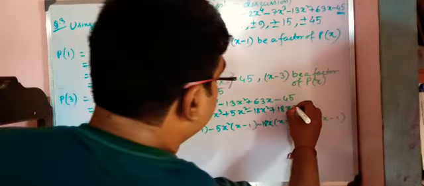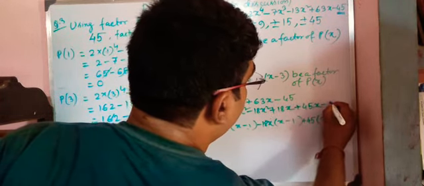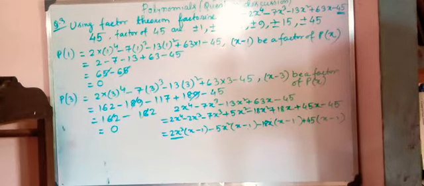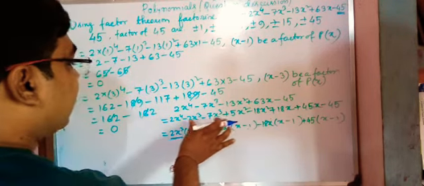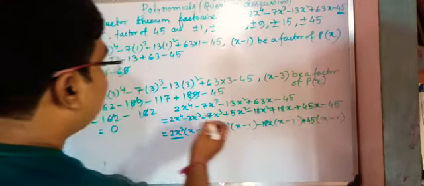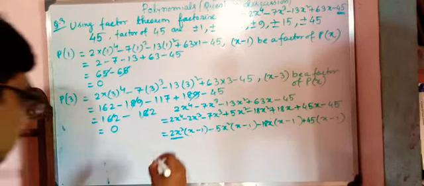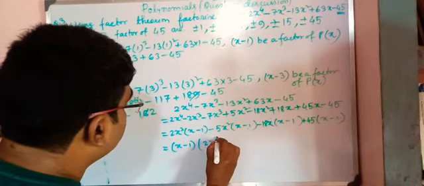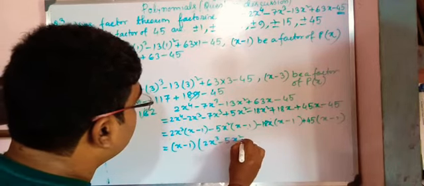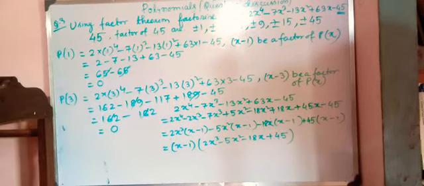Understood? That's we get plus 45x minus 45. So all terms are adjusted and we are getting this polynomial. Now from here we are taking x minus 1 common: 2x cube minus 5x square minus 18x plus 45. Okay.